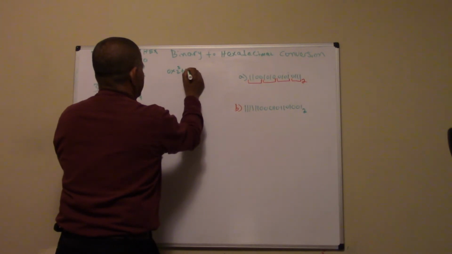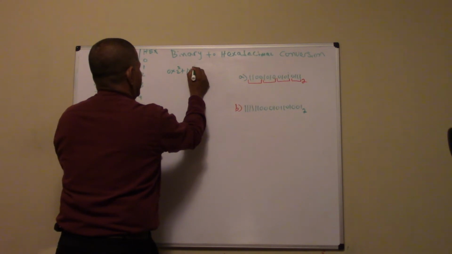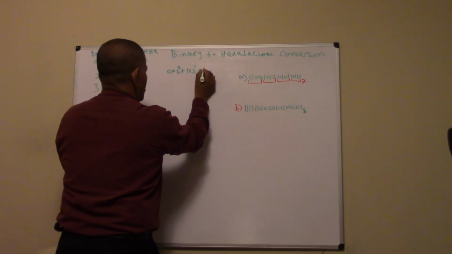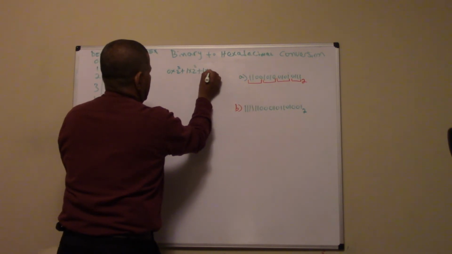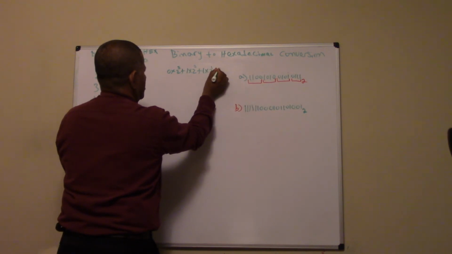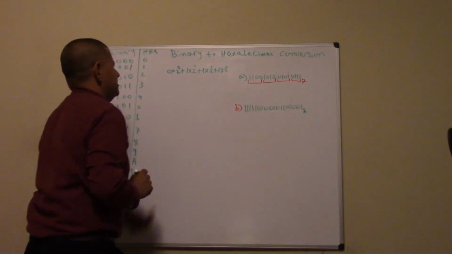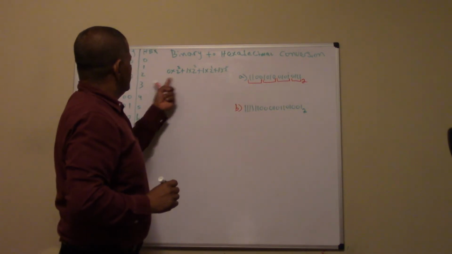And then I do 1 times 2 squared plus 1 times 2 to the 1 power plus 1 times 2 to the 0 power. See that? Okay, so do the math.